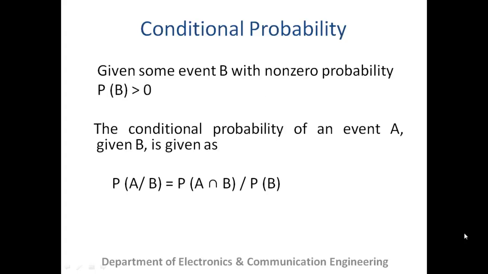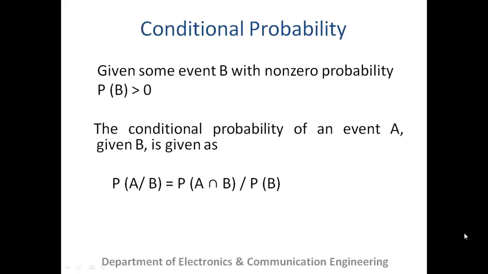After joint probability comes another probability, called conditional probability, which states that if we have an event with non-zero probability, that is, probability greater than 0, suppose for an event B we define probability of B greater than 0, the conditional probability of an event A given B, that means B has occurred, is given as probability of A given B. This is the probability of occurrence of event A if B has already occurred, and it is equal to the ratio of the probability of A intersection B to the probability of B, the event that has already occurred.